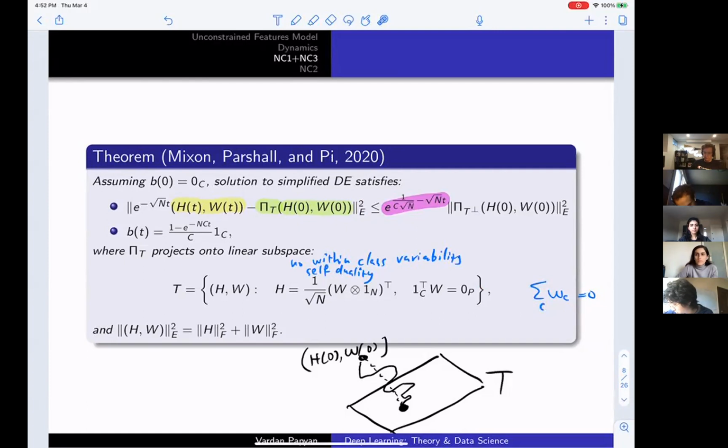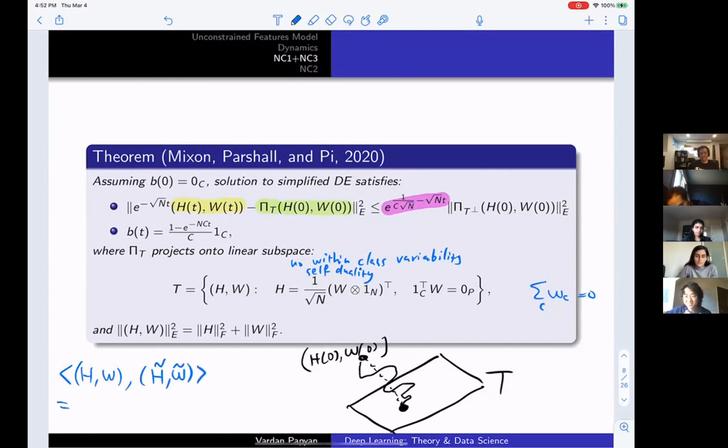Now, Neil's second question was, what is this E norm? The E norm is just the Frobenius norm of the features plus the Frobenius norm of the classifiers, a very natural norm to define. Associated with this norm is the inner product space, the inner product of the tuple H, W with the tuple H wiggle, W wiggle.